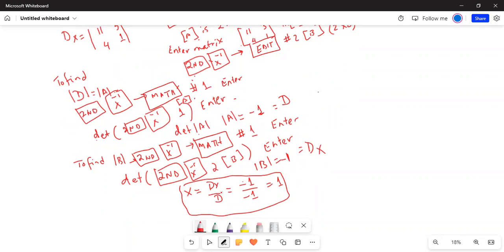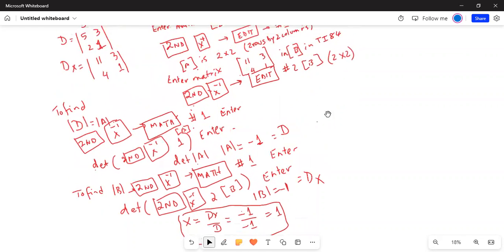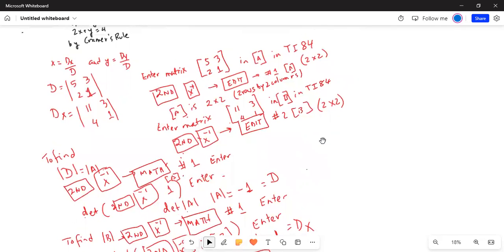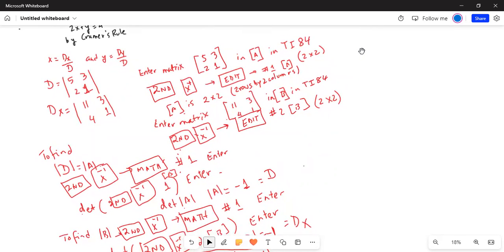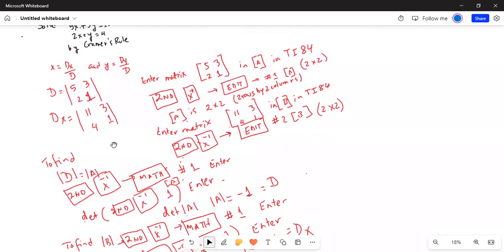Let's go back a little bit to the original equation. We should also write down dy here.